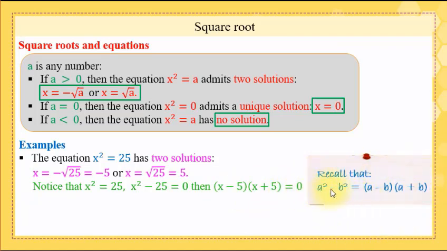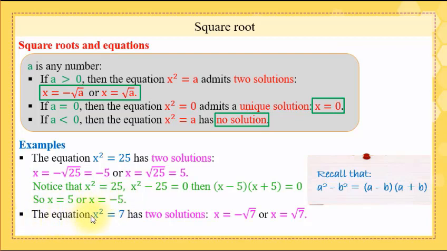A power 2 minus b power 2 equals a minus b into a plus b, where x is a and 5 is b. Then we say x minus 5 equals 0, so x equal 5, or x plus 5 equals 0, so x equal minus 5.